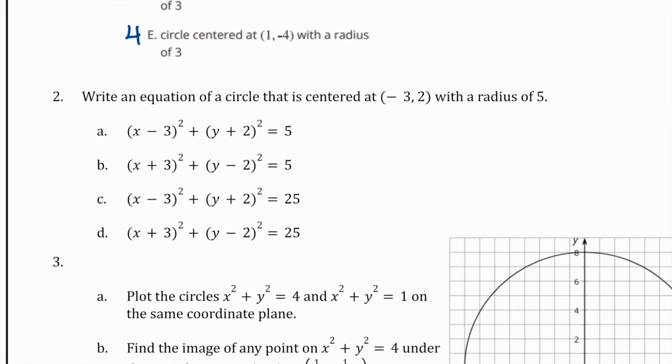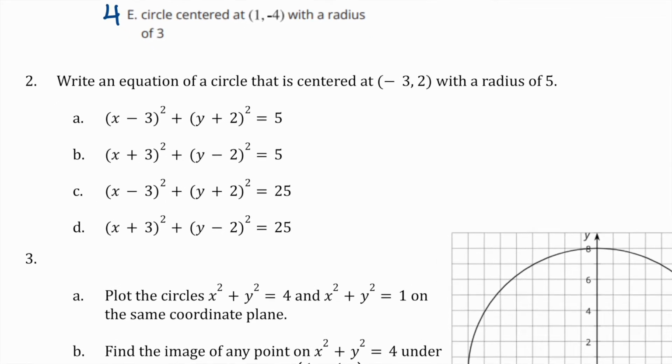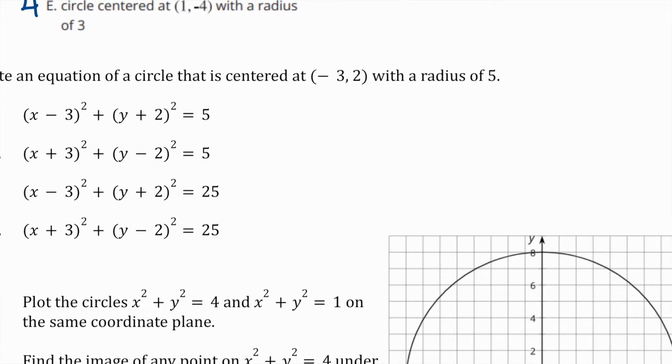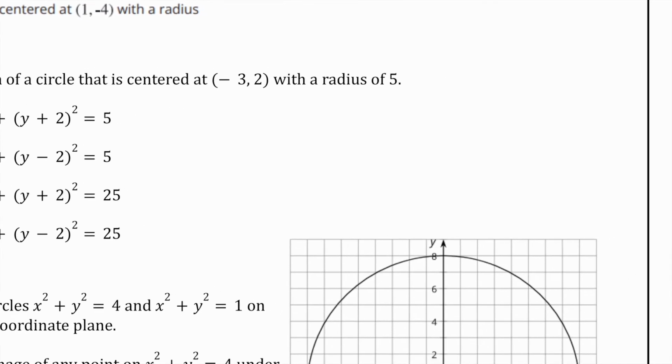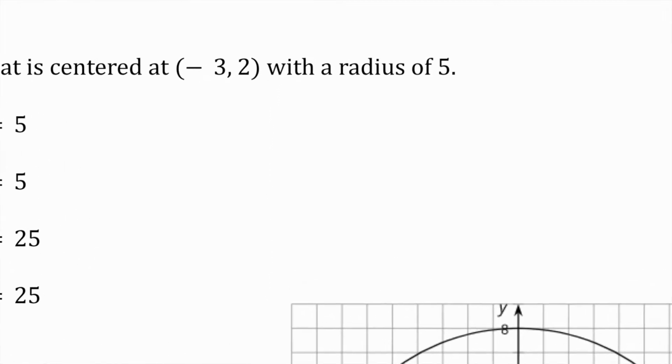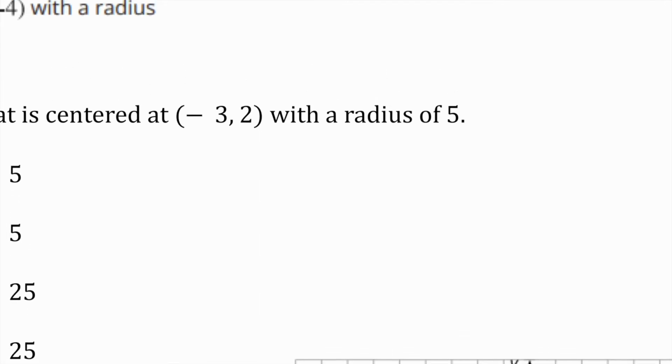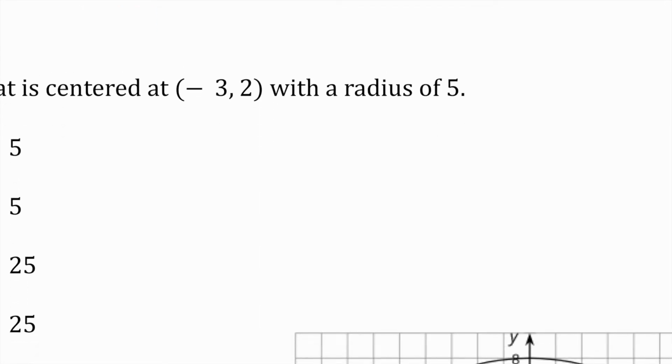Then let's move to number 2. Write an equation of a circle that is centered at (-3, 2) with a radius of 5. I can actually do that without any of the multiple choice stuff. So let's write one and then see which one it matches. If it's centered at (-3, 2), that's h, this is k, and this is r.